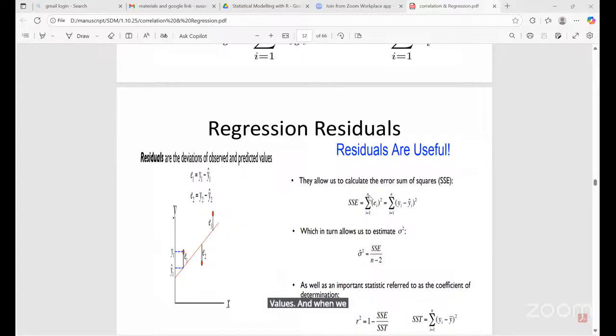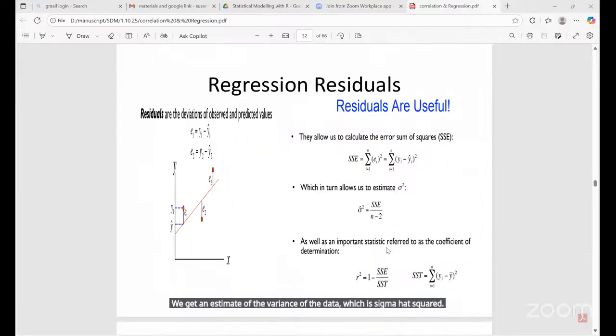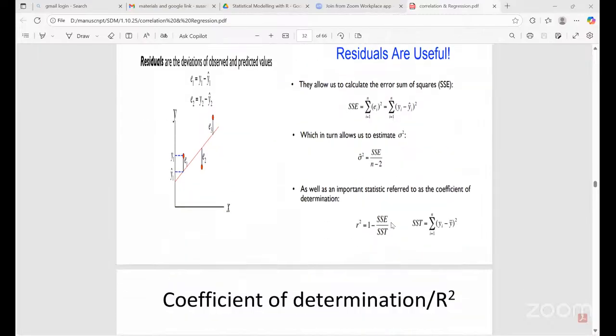And when we divide the sums of squares by degrees of freedom, we get an estimate of the variance of the data, which is sigma hat squared. When we take the ratio of the error sums of squares to the total variation in the response and subtract it from 1, it gives us the coefficient of determination. The coefficient of determination tells us the percentage of variability explained in the response after running the regression model.